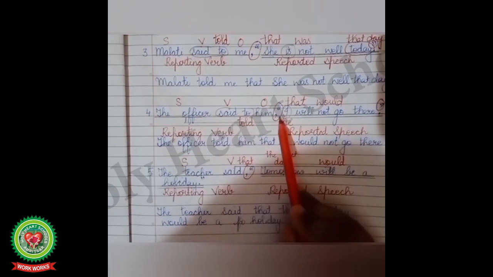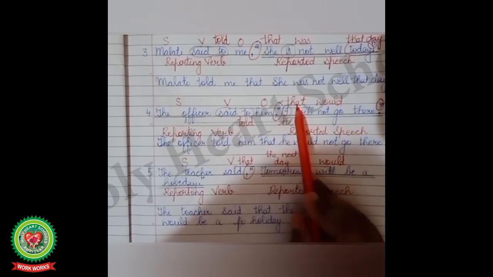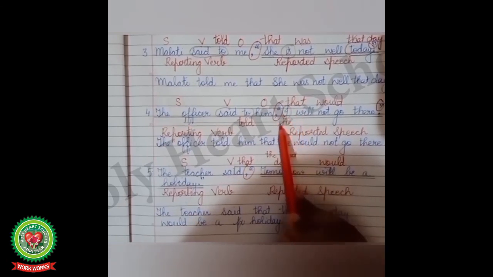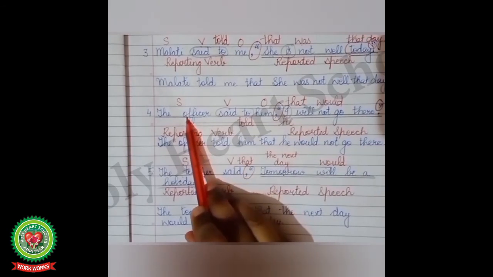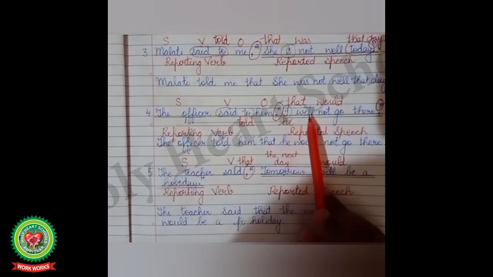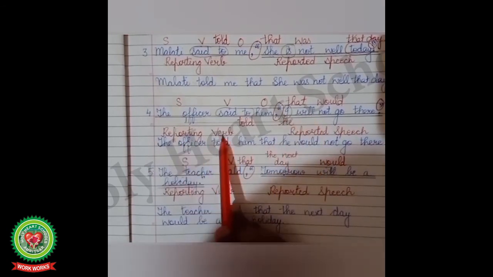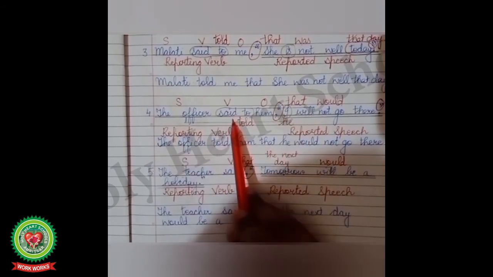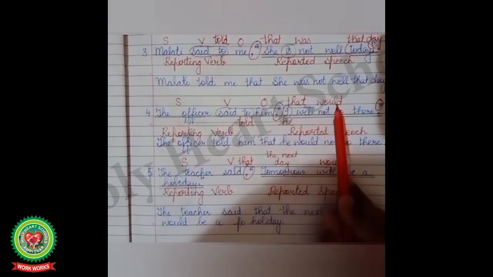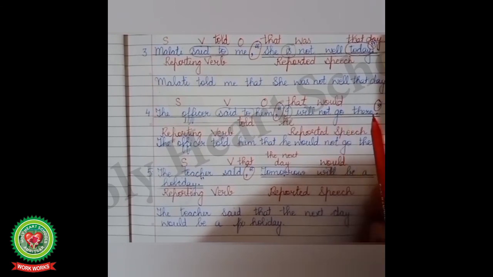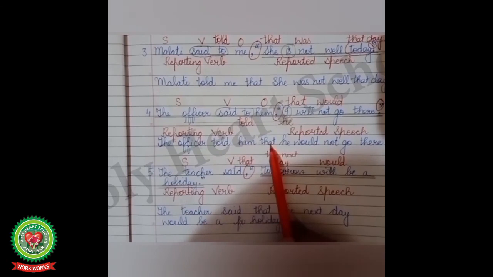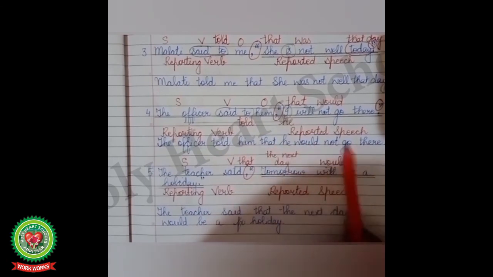In place of inverted commas, we use the word that. I is our first person pronoun and it will change according to the subject, the officer. So what will come here? He. Will. The reporting verb is in past tense, so the tense of the reported speech will change. Will change into would. Not go there. Our answer will be, the officer told him that he would not go there.